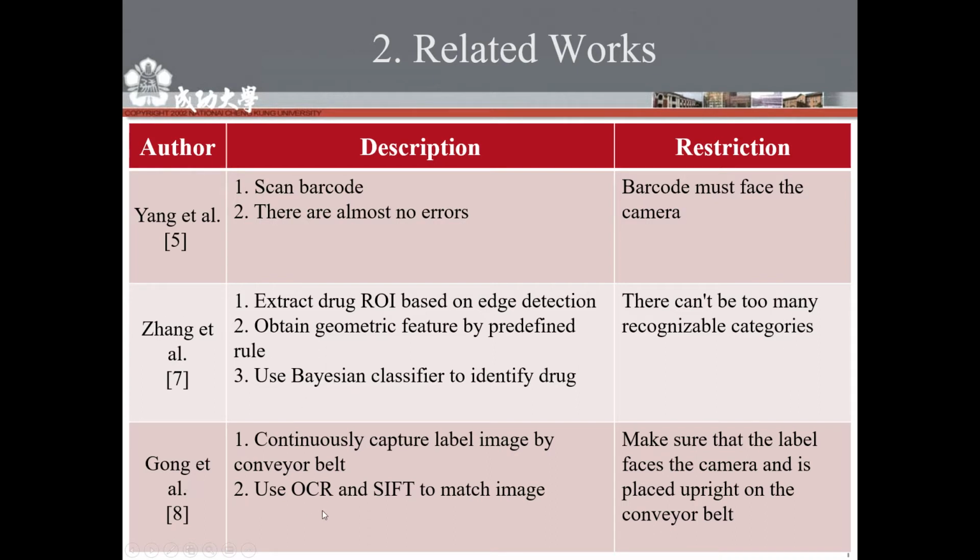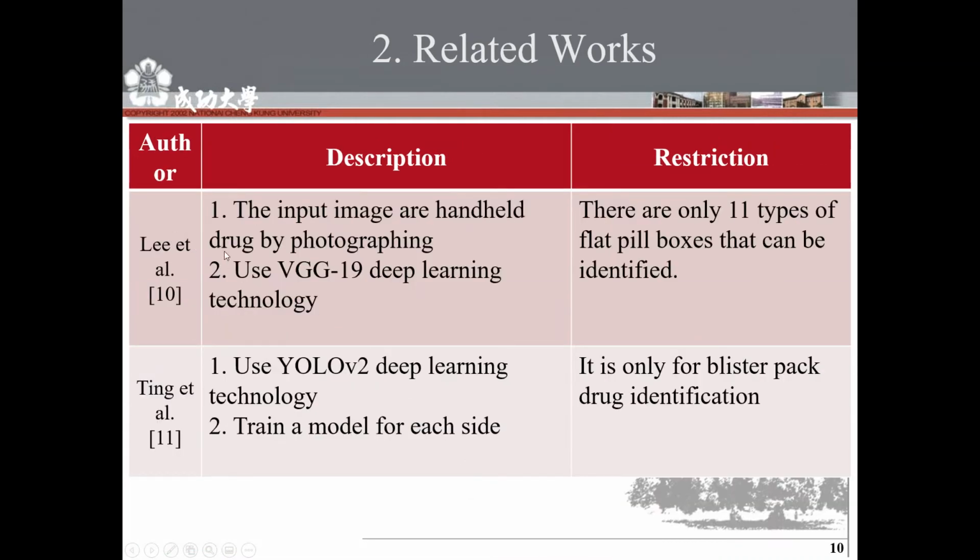Gang used OCR and SIFT to match images, but they have to make sure that the label faces the camera and is placed upright on the belt. They use the VGG19 deep learning neural network, but there are only 11 types. And the team used YOLO deep learning technology, but it's only for blister packs.